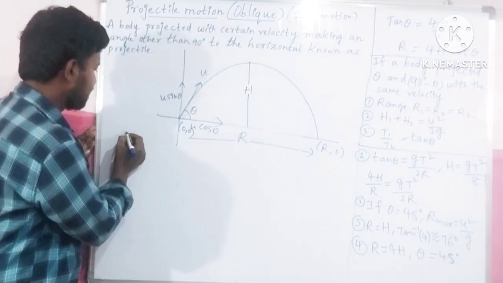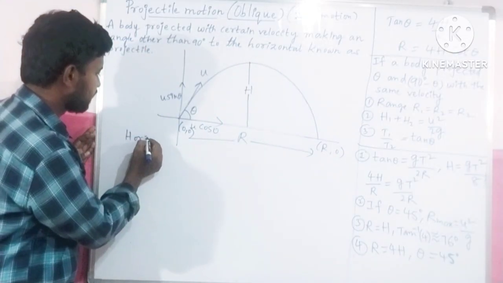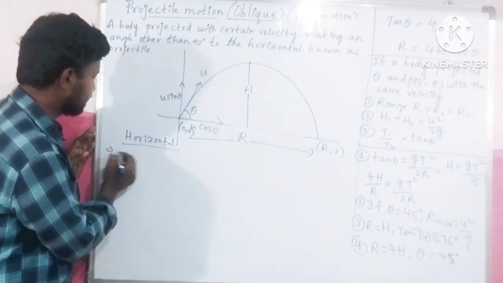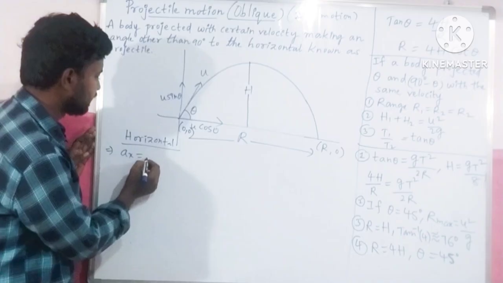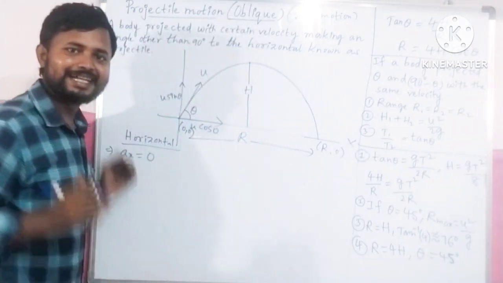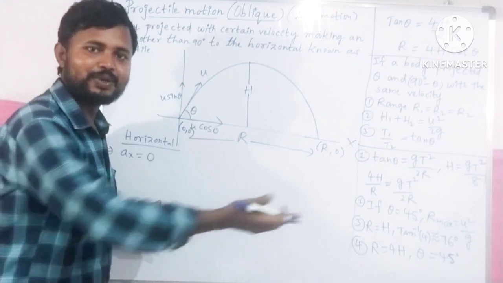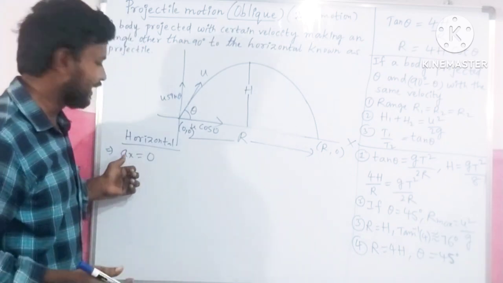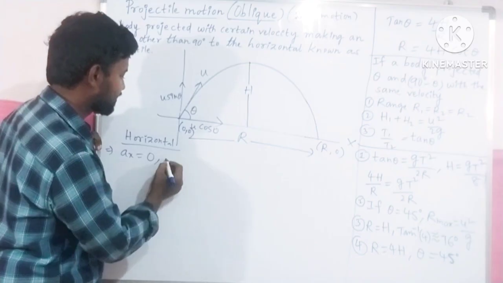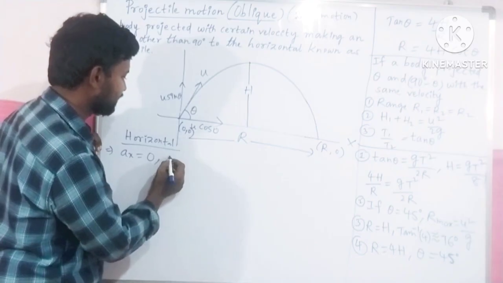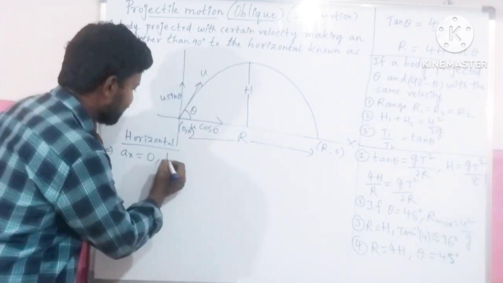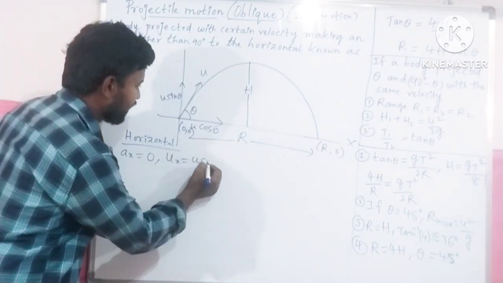In the horizontal direction, the body has acceleration ax equal to 0. In the direction of the x-axis, there is no acceleration. The velocity in the horizontal direction is ux equal to u cos theta.